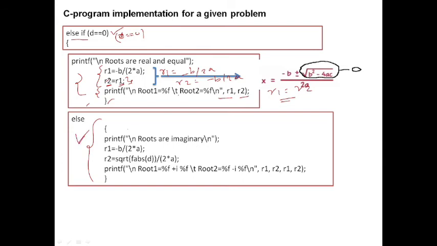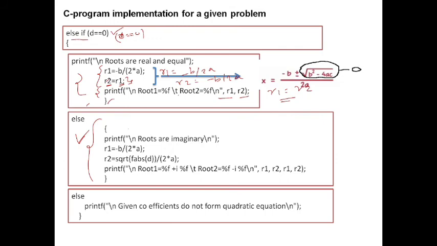And at last what we do? The calculation of the quadratic equation has been completed here. Okay, so here we have written in an else statement that the given coefficients do not form the quadratic equation.